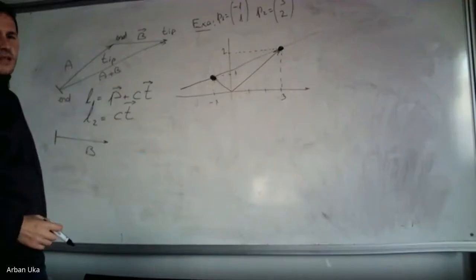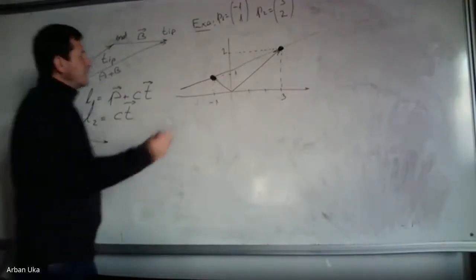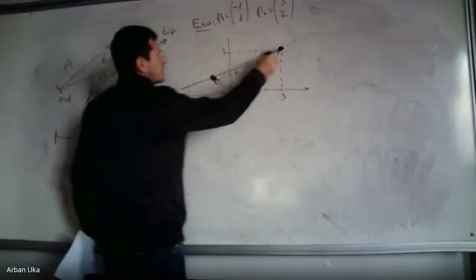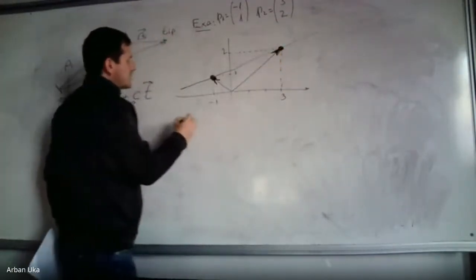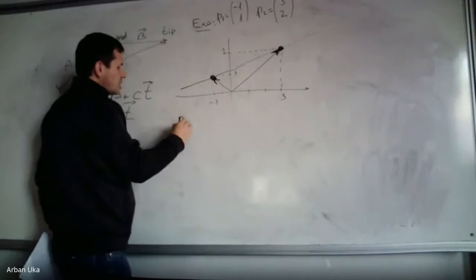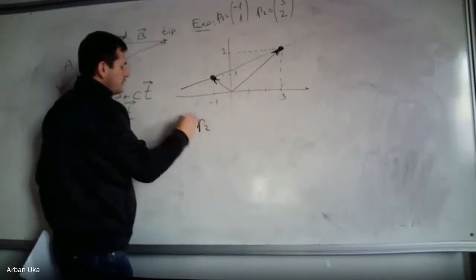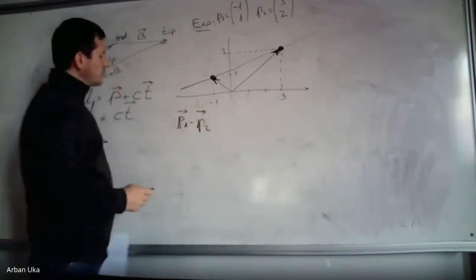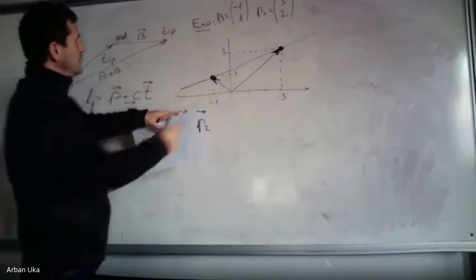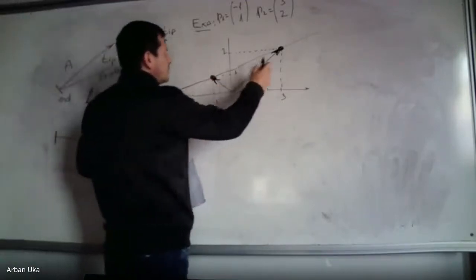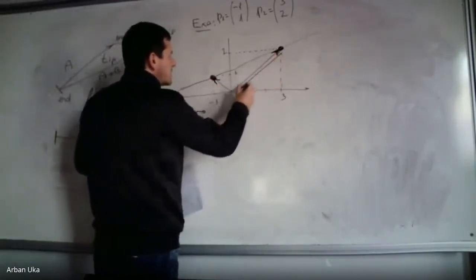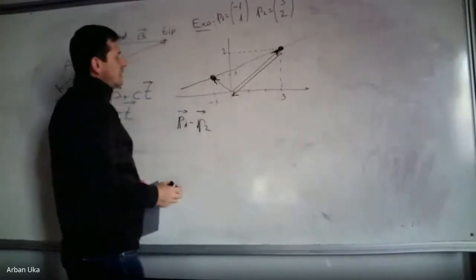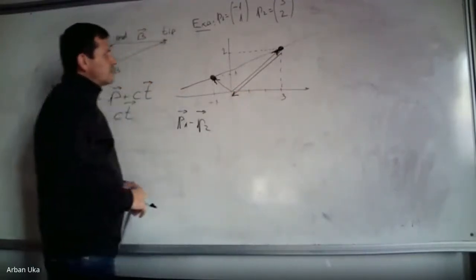We can subtract them, right? Because we have one vector pointing like this, and one vector pointing like this, and we can try to do this. What is P1 minus P2? Okay, how can we do this? P1 is this one. Minus P2 is going to be a vector which extends like this, okay? And we know how to add vectors.